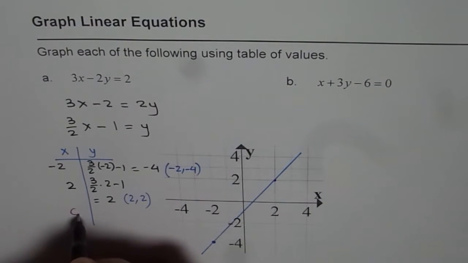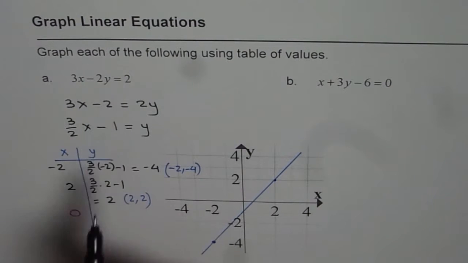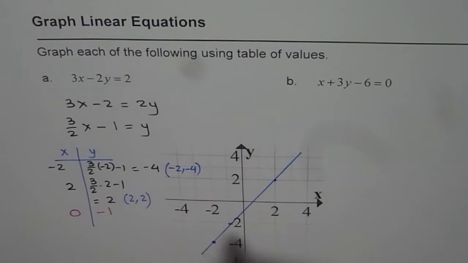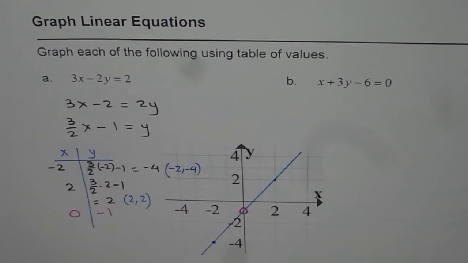If I write x as 0, I get y equals minus 1. Let us check. At 0, y equals minus 1 is indeed on the line, right? And therefore it confirms that our line is correct. So it's a good idea to sketch a line with 3 points, use 2 of them, and the third point as a checkpoint. So this is what we learn from this part of the video.